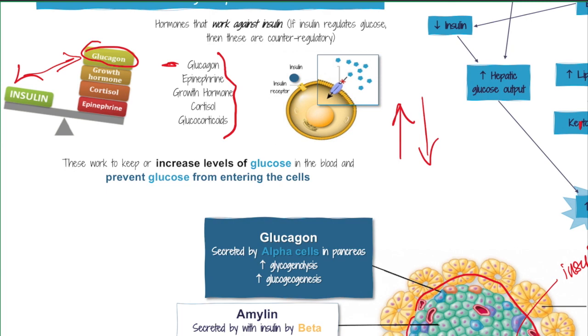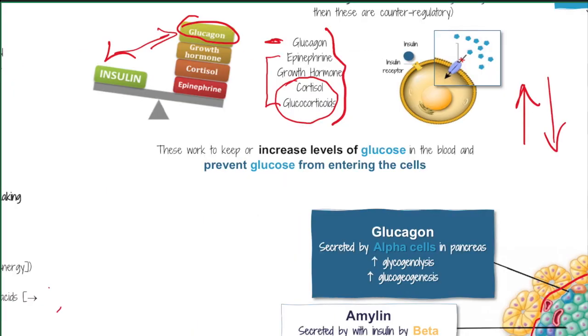Like insulin, the glucagon travels through the blood to the liver, and that's where it does its main job. Only instead of decreasing blood glucose, instead of getting the glucose out of the blood, glucagon's job is to get more glucose into the blood.